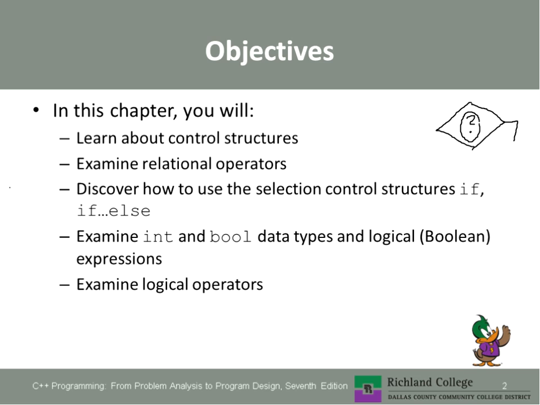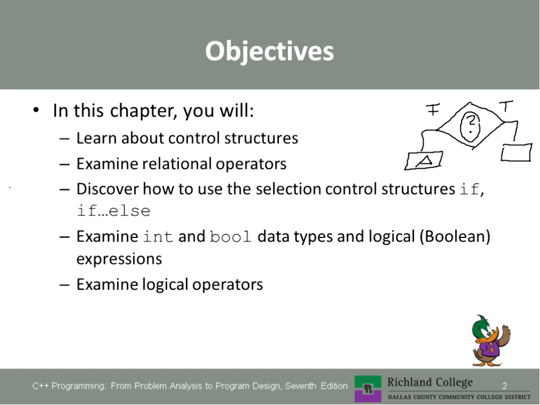Okay. So when we have a selection, we can either have a true answer or a false when we're referring to the logic within this diamond shape. And at that point, we're either going to complete something on the true side of this selection statement or on the false side.